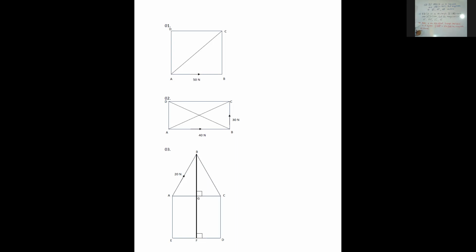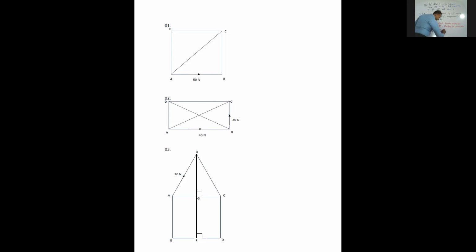First, BC and AC vectors. Second, AE, ED, DC.